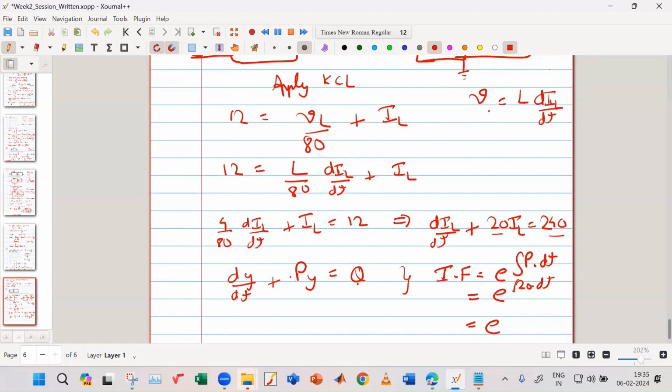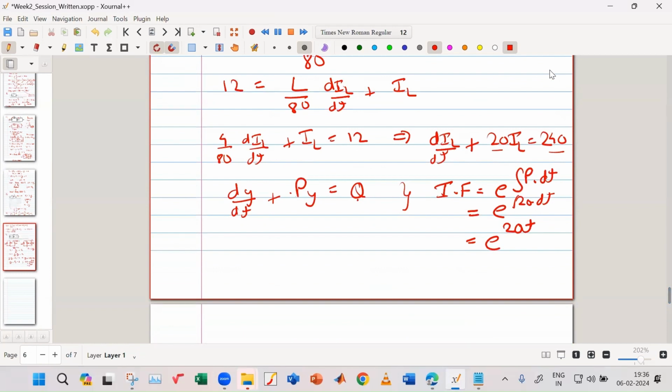So that is effectively e raised to 20 into t. So your solution will be y multiplied by the integrating factor is equal to integration of q into your integrating factor into dt plus some constant of integration c.